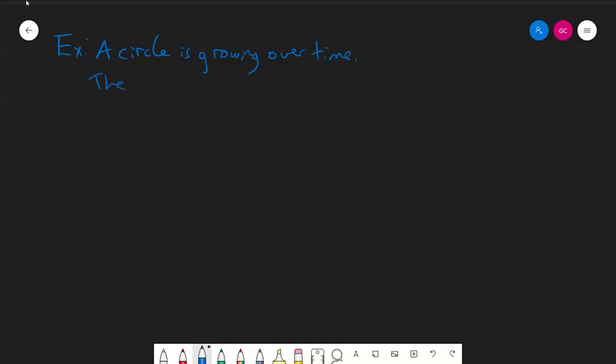Maybe the radius is increasing by 2 centimeters per second. And we'll ask, how quickly is the area changing when the radius is 5 centimeters?